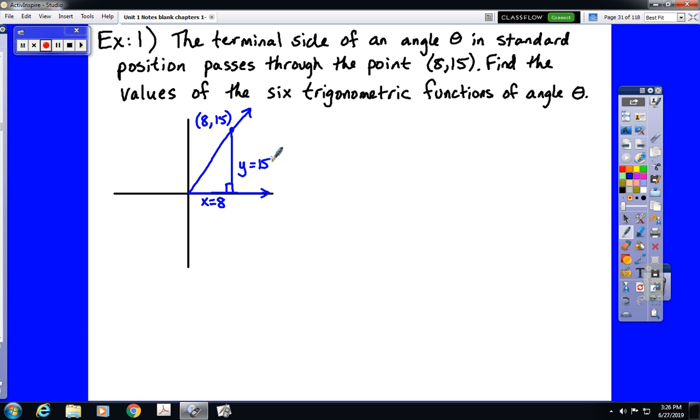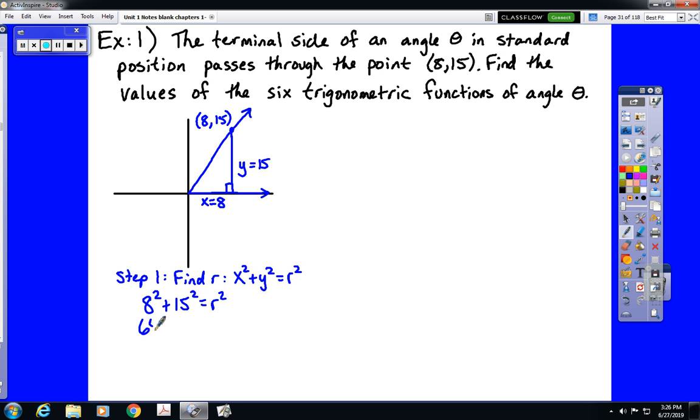Now, in order to do this, we need to figure out r. So step 1 in this process is find r. And we're going to do that by using the Pythagorean theorem. x squared plus y squared equals r squared. So we have 8 squared plus 15 squared equals r squared.